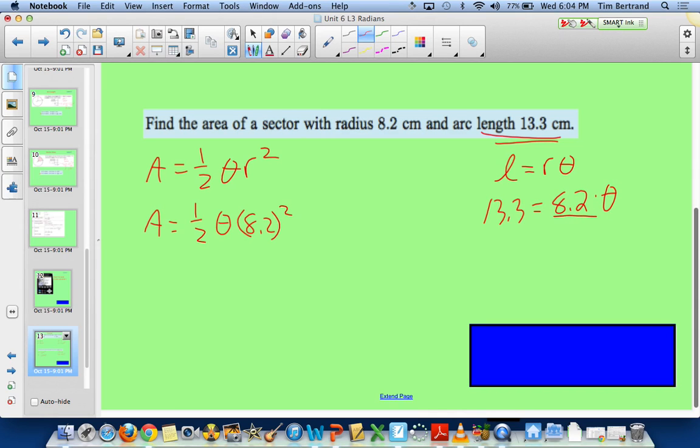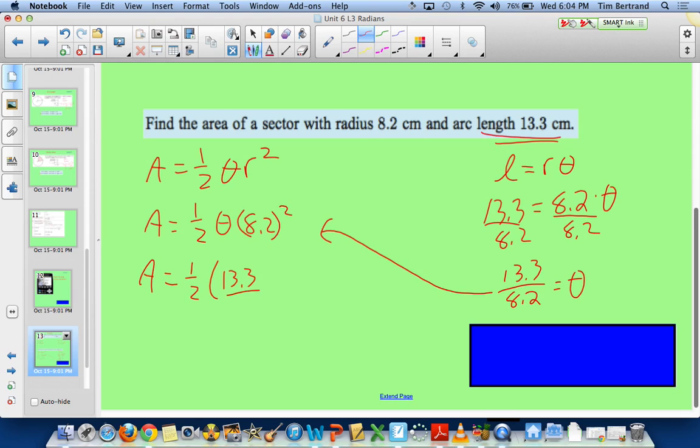So now I can solve for theta, divide both sides by 8.2, and I get 13.3 divided by 8.2 is equal to theta. I'm not going to calculate that. I'm just going to use the value. So area equals 1/2. Theta is 13.3 over 8.2 times 8.2 squared.